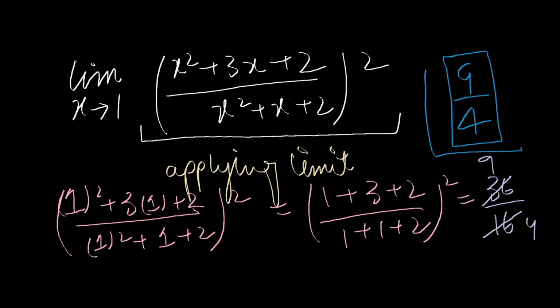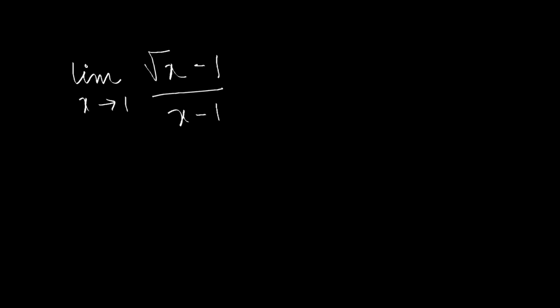Let's do another question over here. Limit x approaches 1 of under root x minus 1 divided by x minus 1. We have to find out where the function approaches when x approaches 1. This is very easy. Let's just apply limit and see what happens.